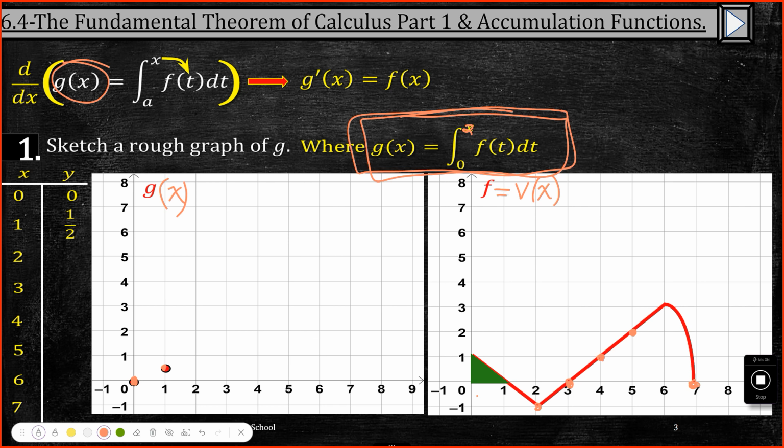It is 0 because the positive and negative cancel out. So it should be 0 for this g function. And at x equal to 2, we're going to put a dot right there.